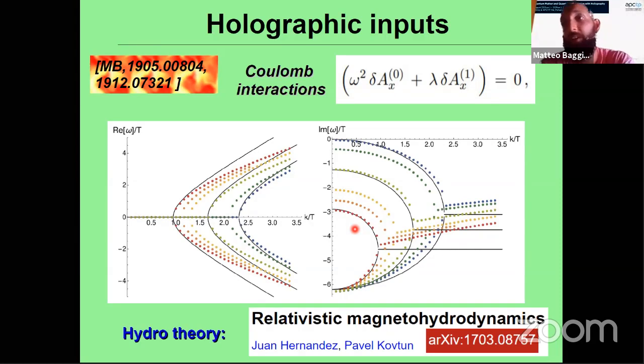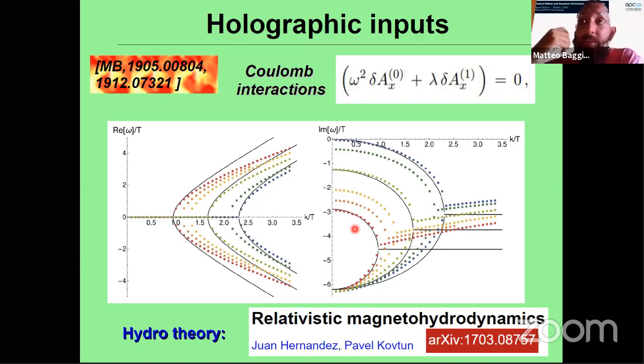One interesting instance is when you consider Coulomb interaction. Let us consider now that the magnetic and electric fields are not external sources, but dynamical fields.